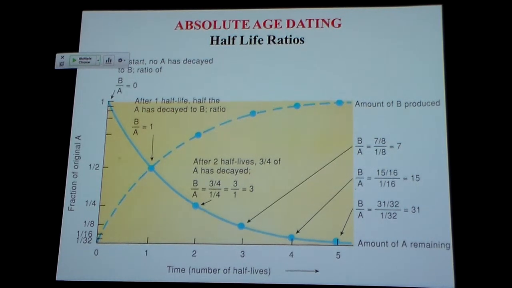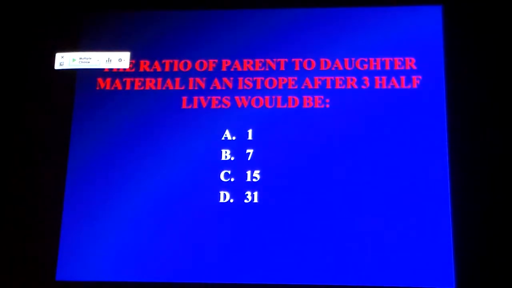We can figure out how many half-lives. Each half-life takes X number of years to happen. Bingo. Subtract that from the date and you've got how old the rock is. Pretty neat. But it's only really been since about the early 1950s that we've understood this well enough to apply it to rocks with any kind of accuracy and confidence. Now, you might think it's simple, but there's some issues.